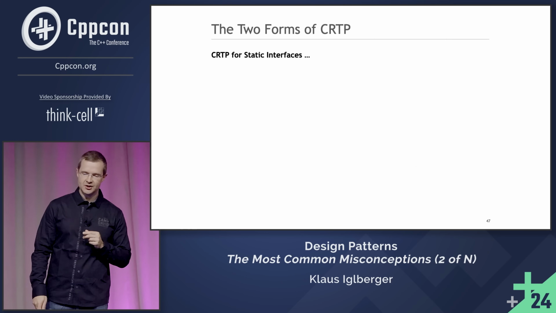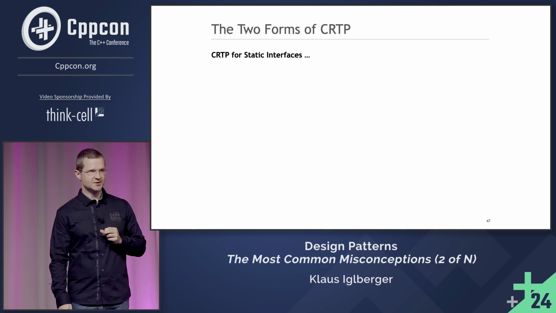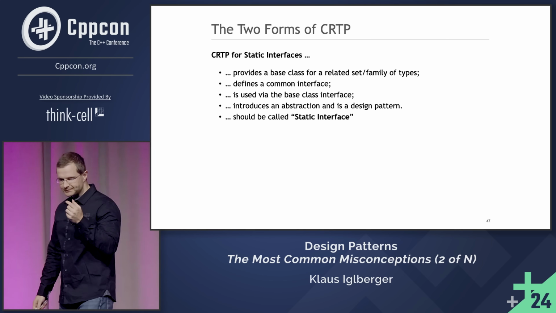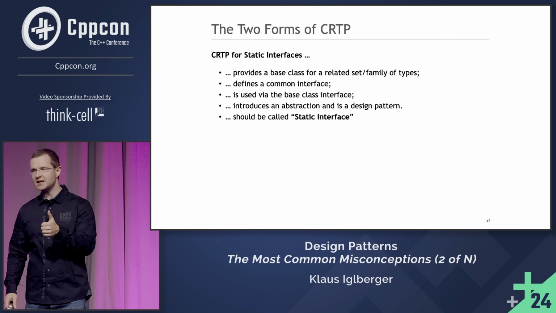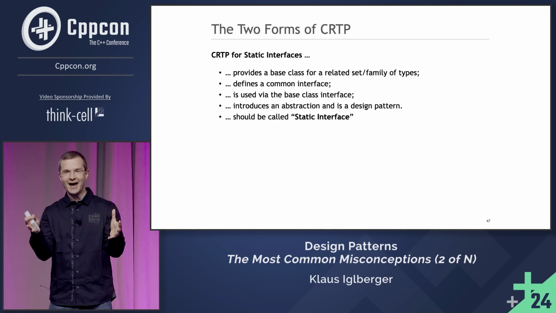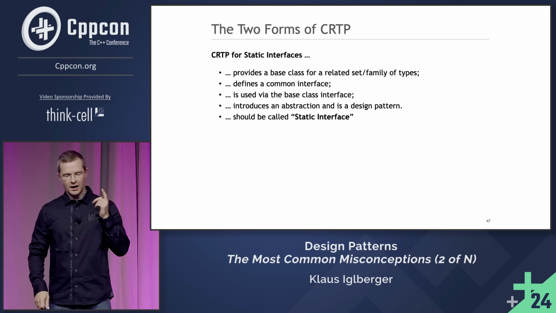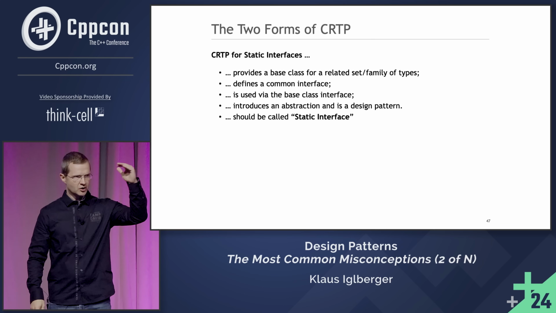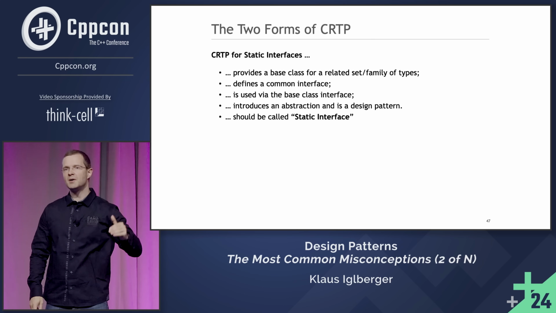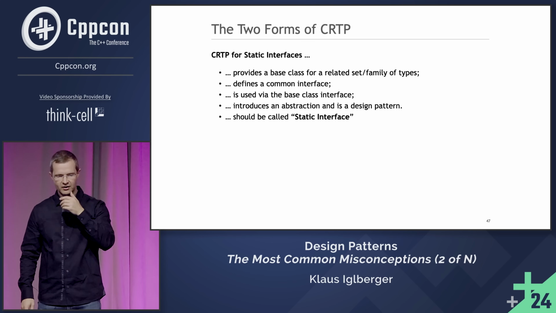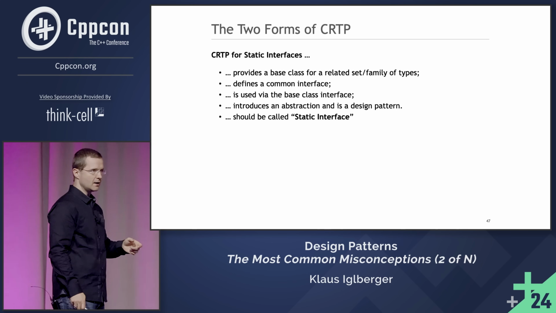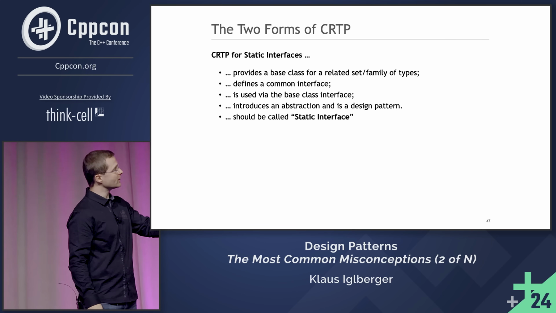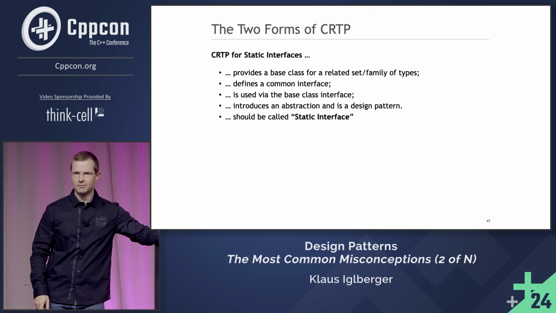So if you use CRTP for static interfaces, then first you use this because you want to have a base class for a related set of types, a family of types. And you want to define a common interface. This is the operations that all of my types have, all of the derived classes. So I really use this via the base interface. And this means, in this context, you are introducing some kind of abstraction.